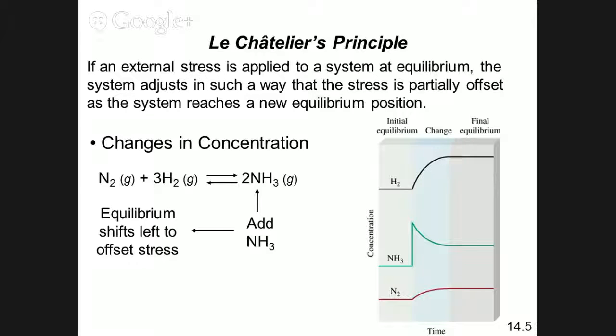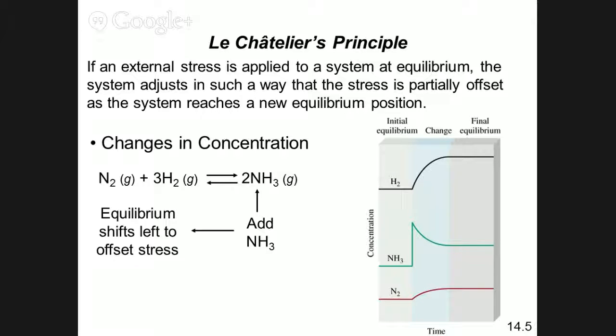So they were at equilibrium, concentrations weren't changing, the forward reaction equaled the reverse reaction. We added in some NH3, and Le Chatelier says, you know what? You've now got too much NH3. It's going to try to get rid of some of that. Well, how does it do it? By doing the reverse reaction, by going back to N2 and H2.